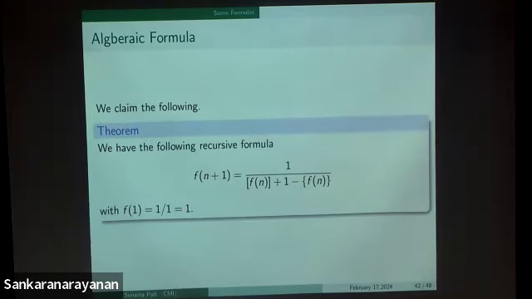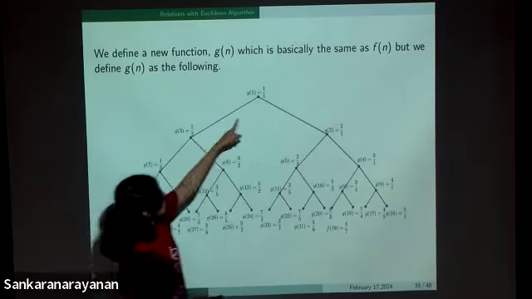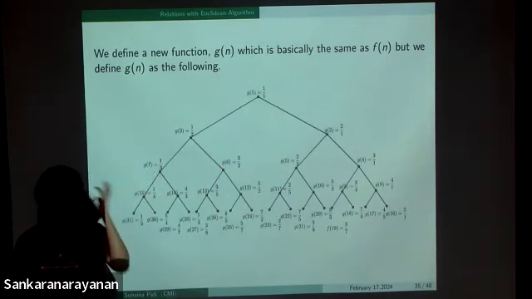So if I have fn as this node, I want to figure out what fn plus 1 is recursively. Now what we have is, this is n plus 1. My numbering is this way now.